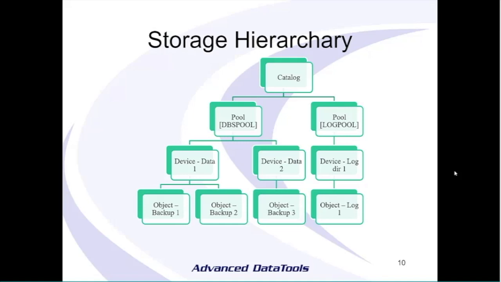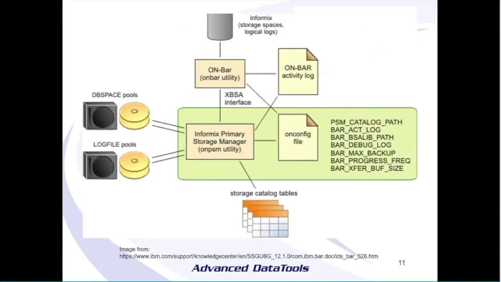So this is a little description graphic that IBM put out. I have a link at the bottom there if you want to go see their description of it. But what you have is your PSM here in the middle that reads from your Informix instance to get some onconfig parameters we'll talk about in a moment.